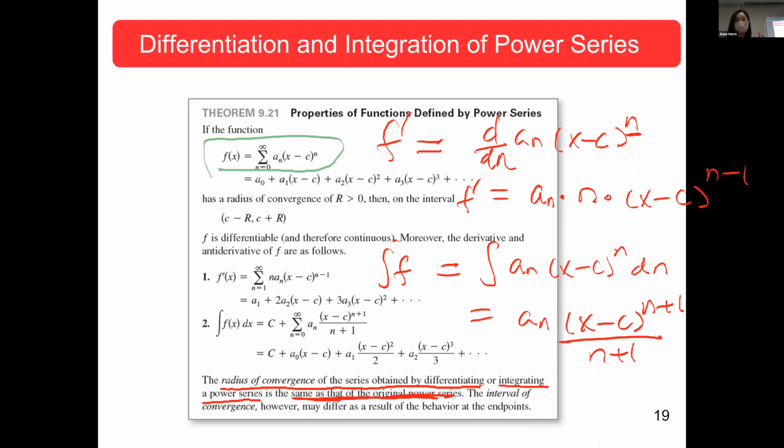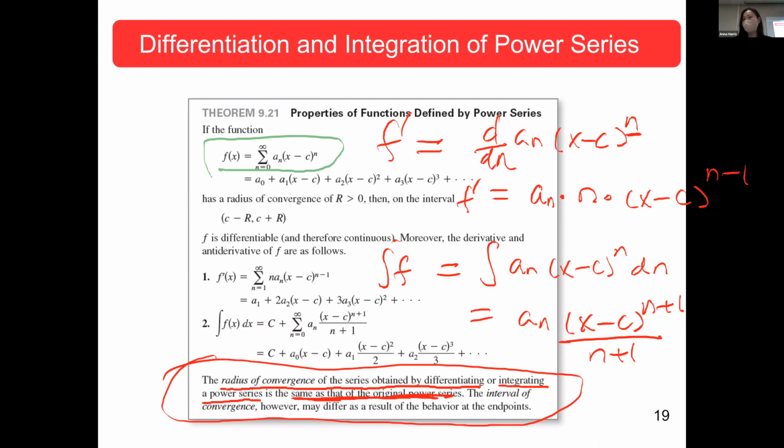Because Theorem 9.21 says, whichever you do, function or derivative or integration, you do your convergence test, whatever that is going to be your radius of convergence. That's a keyword. It's very important. Is everybody with me? It gives you so much leeway. You will just choose whichever is easy for you to use to find the radius of convergence.